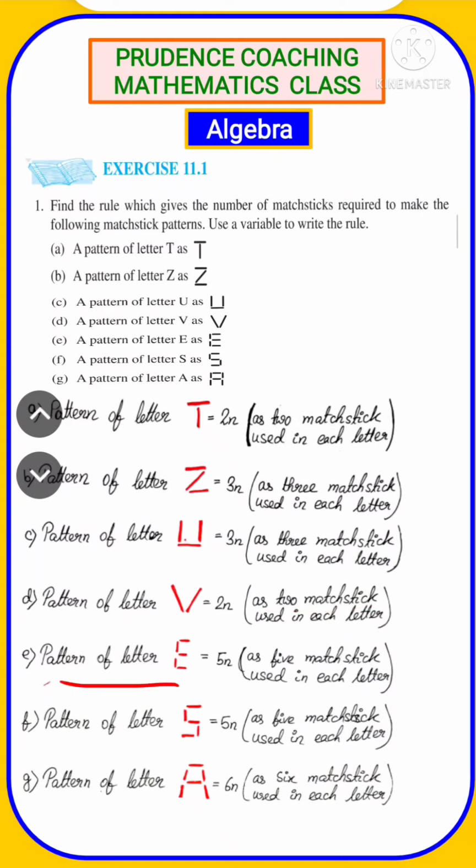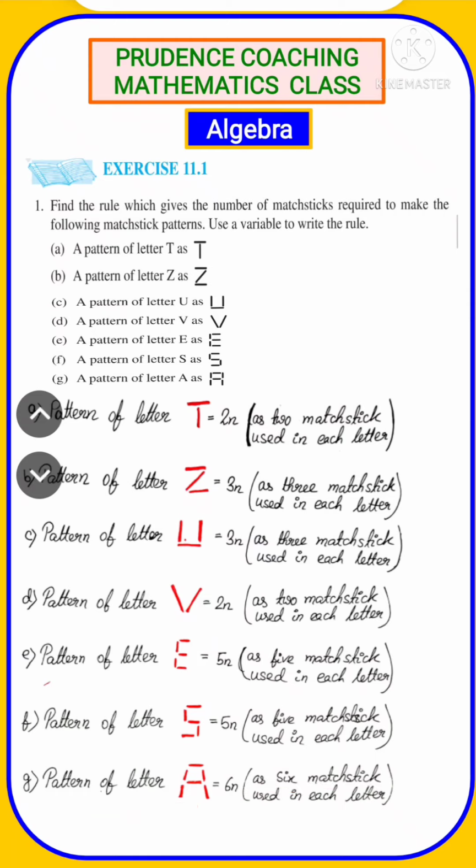Pattern of E will be 5n as 5 mastics used in each letter. Pattern of letter S will be 5n as 5 matchsticks used in each letter. And lastly, the pattern of letter A is 6n as 6 matchsticks used in each letter.